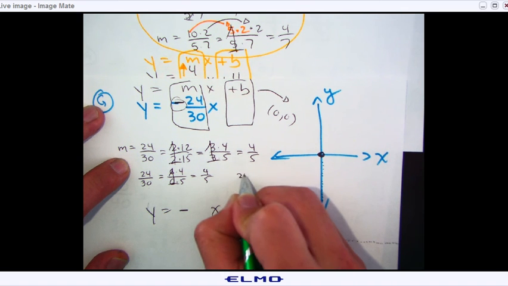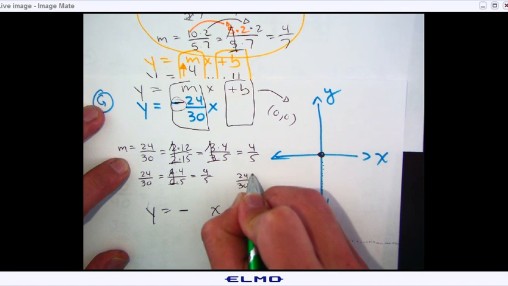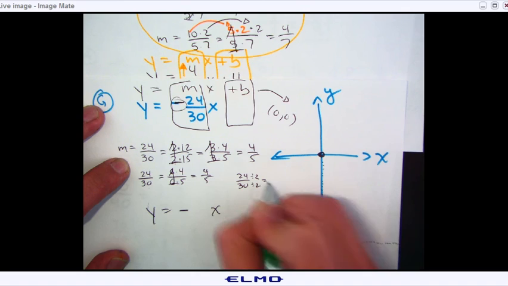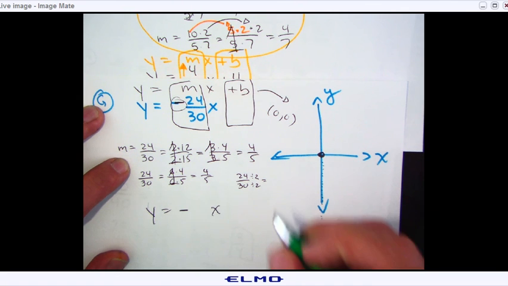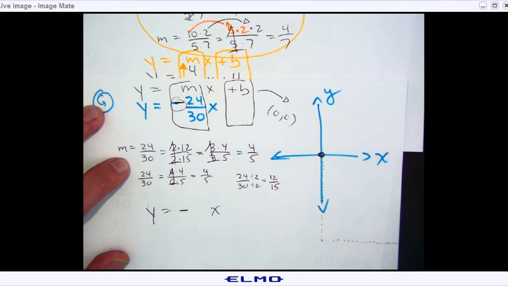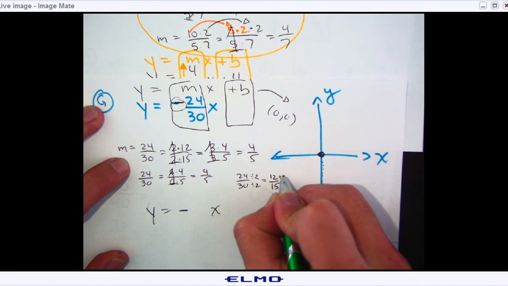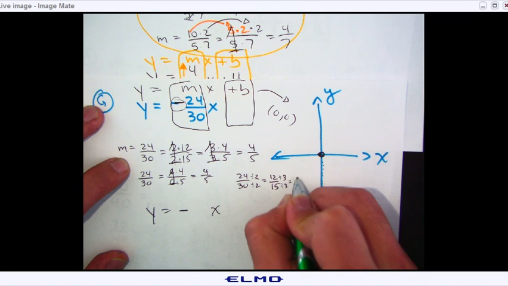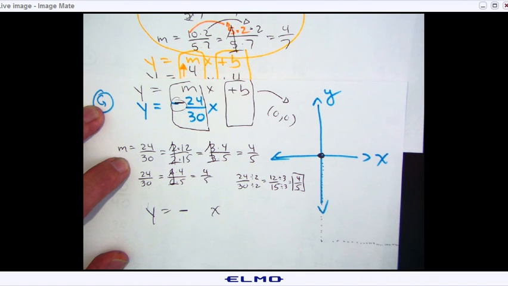Well, I divided by 2. All right, go ahead. What'd you get? I got 12 over 15. Can you keep going? Yep, you sure can. I divided by 3 again. That'll give me 4 over 5. Oh, nice. Thank you for your participation.